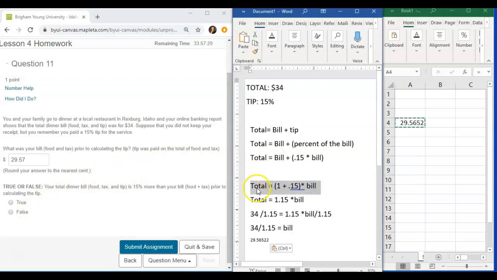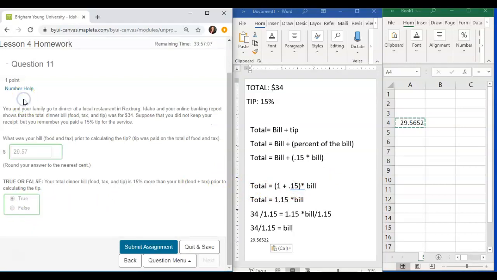The total is 15% more than, 0.15 more than, 100% of the bill, which is right here. That's how I would translate this English sentence into the math sentence. So I'm going to select true. We'll go up and click how did I do, and move on to the next one.